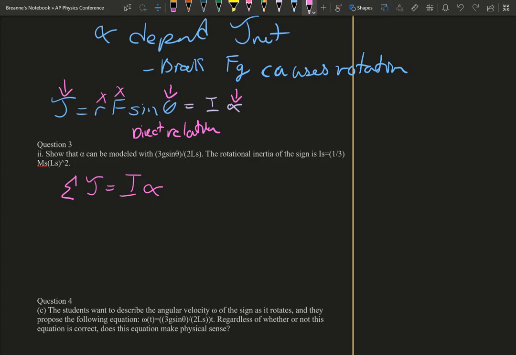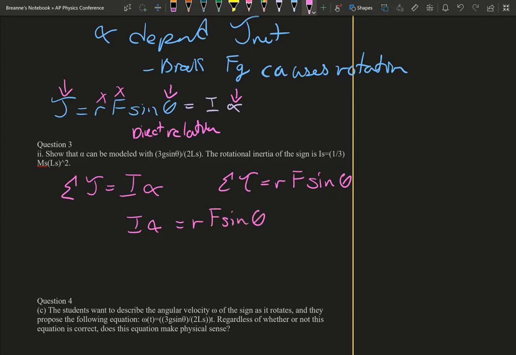And we know that also our net torque is equal to r F sine theta. So we know we can set those two equal to each other. So we can do I alpha equals r F sine theta.